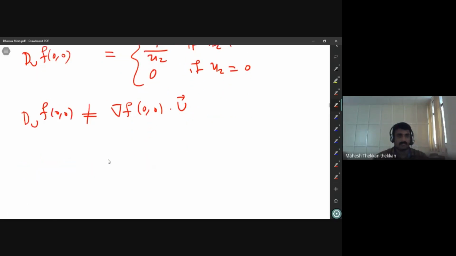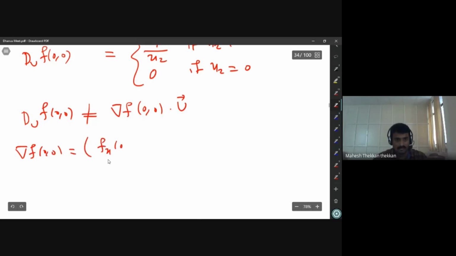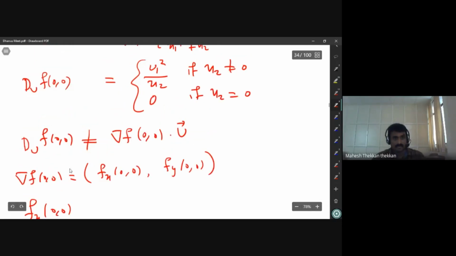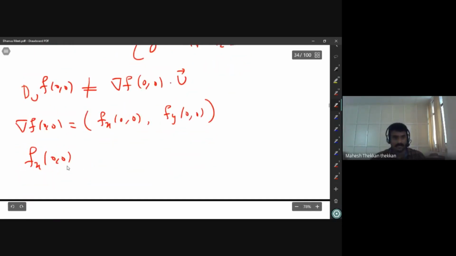So what is ∇f(0, 0)? It is nothing but (fx(0, 0), fy(0, 0)). So what is fx at (0, 0)? fx at (0, 0) is the directional derivative of f in the direction of e1, which is D_e1 f at (0, 0). What is e1? e1 is (1, 0).